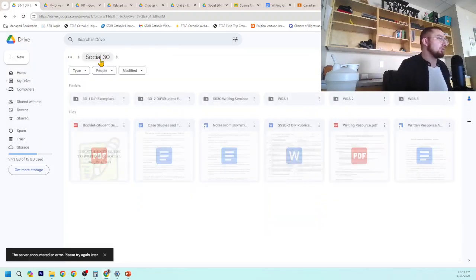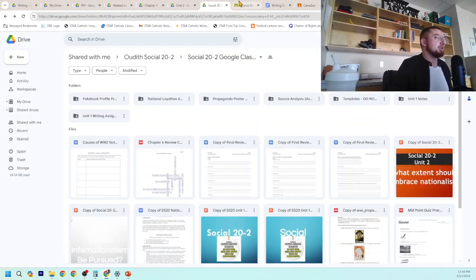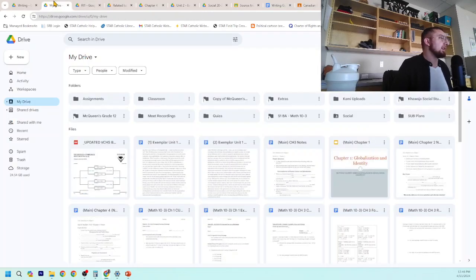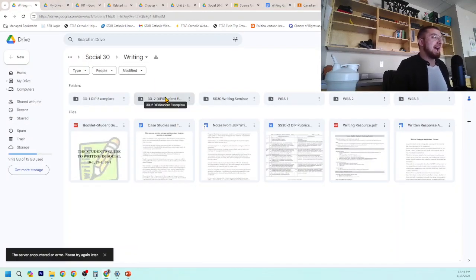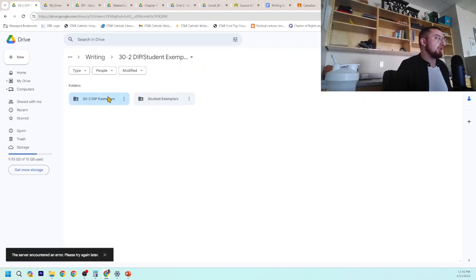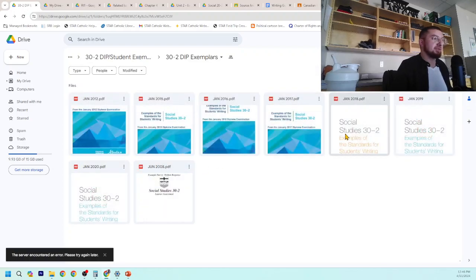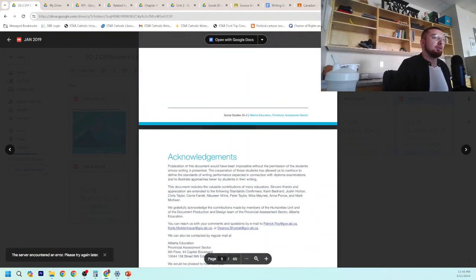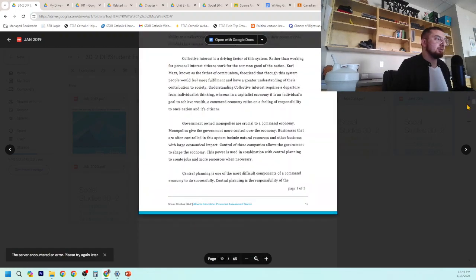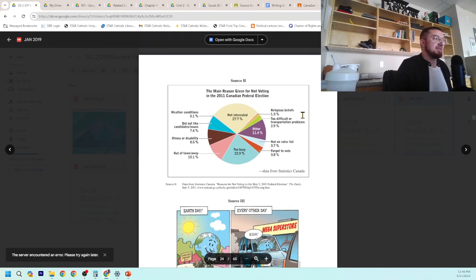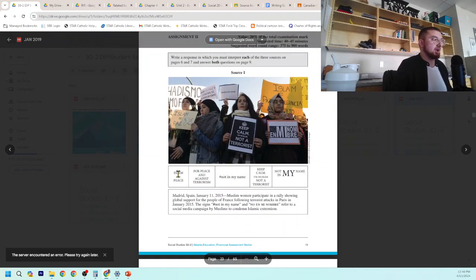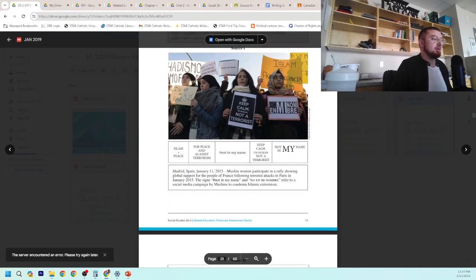I can show you what my grade 12s do in a moment, but for the -2, if we go to the same thing, diploma exemplars, the same year, 2019, and look at their assessment, they have 3 images. Here is a protest, a couple different captions here.